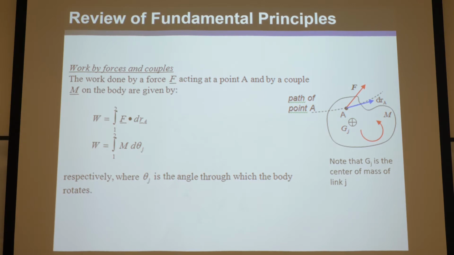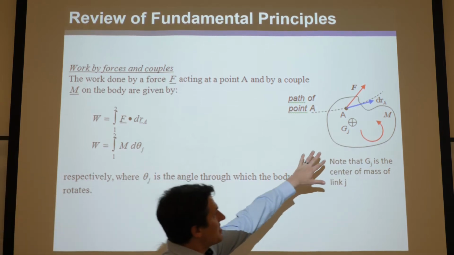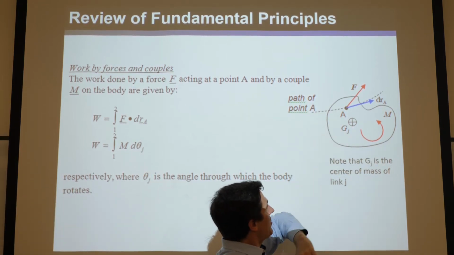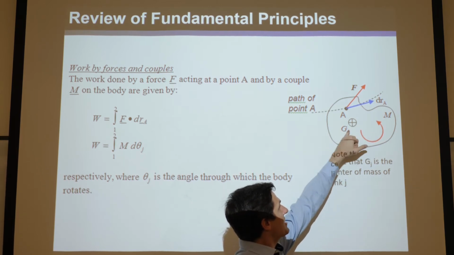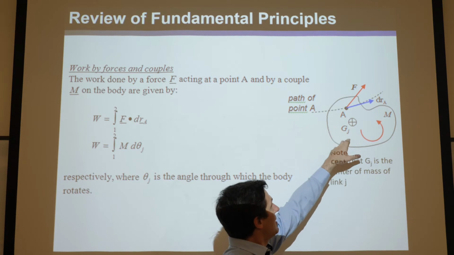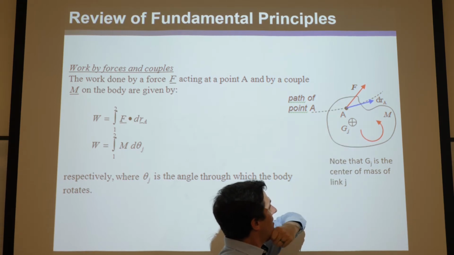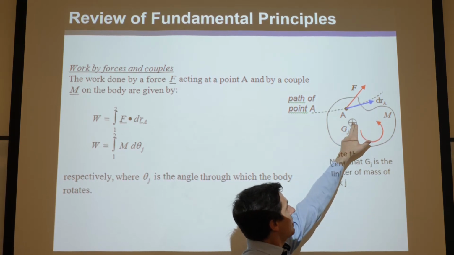Okay, so work or energy, right? The work done by a force on a body. Imagine this body. It's an arbitrary potato-like shape, and it's got a center of mass here. That's what G is, the center of mass, where it's all concentrated.